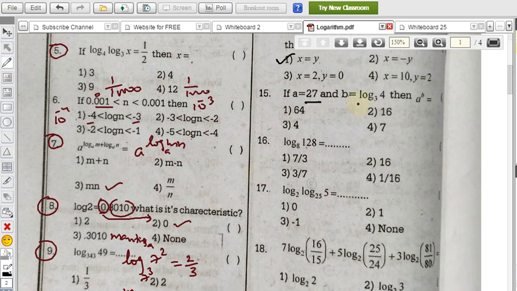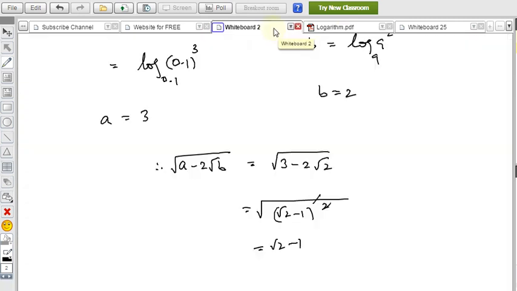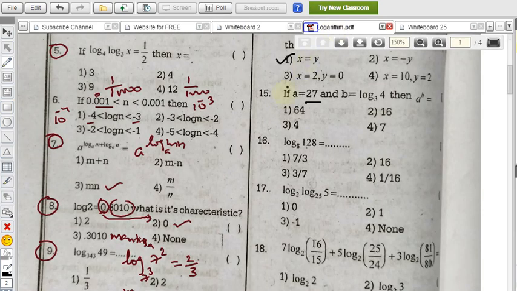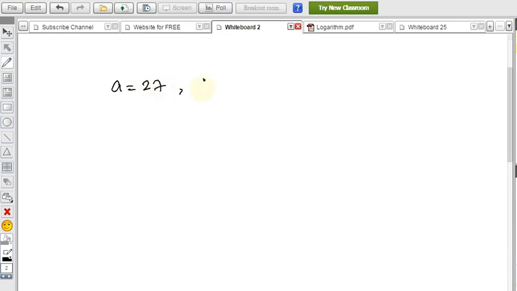A is 27, b is log 4 base 3. Now they are asking to find a power b.